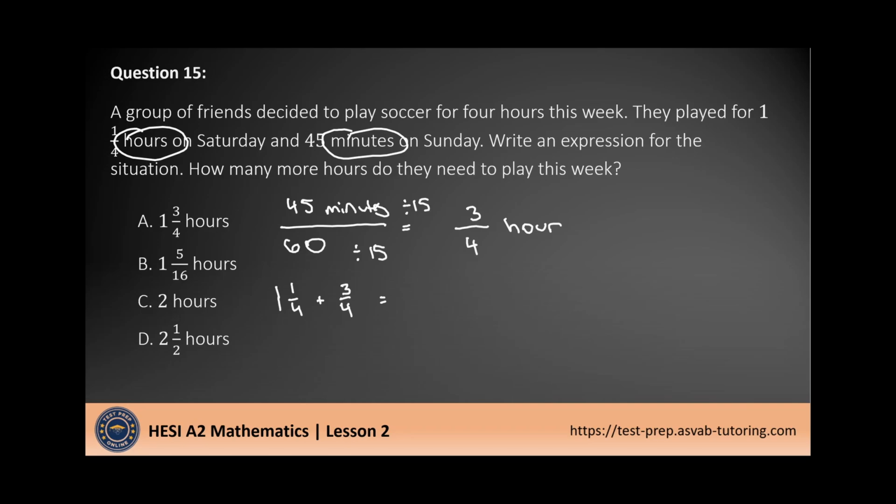Or we could just note that 1/4 plus 3/4 is going to make 1. So if we add those fractions together, we're going to make 1, and then we already have this 1 here, so 1 plus 1 is 2. Right? It's like saying 1 hour and 15 minutes plus 45 minutes, 2 hours.